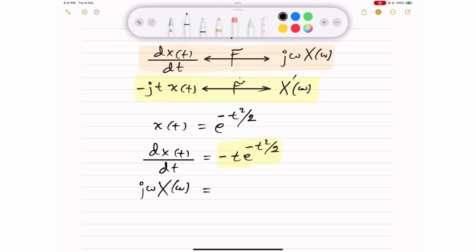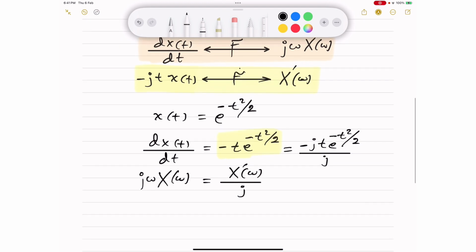So this can be rewritten as minus jt e to negative t squared by 2 divided by a constant, which is j. So we have just multiplied by j and divided by j. And that makes the Fourier transform of the right-hand side equal to X prime of omega as per the frequency differentiation property that I have highlighted in yellow above. X prime of omega divided by j.